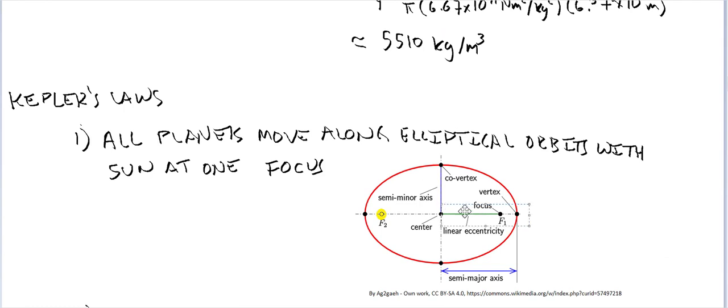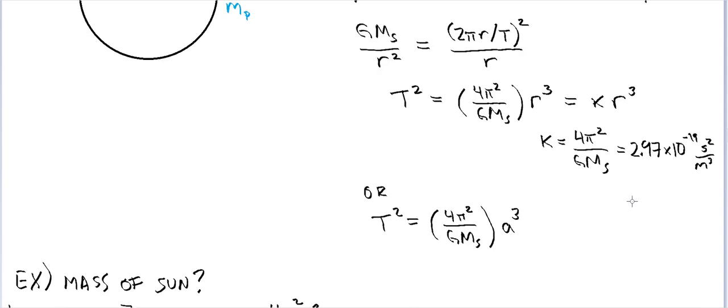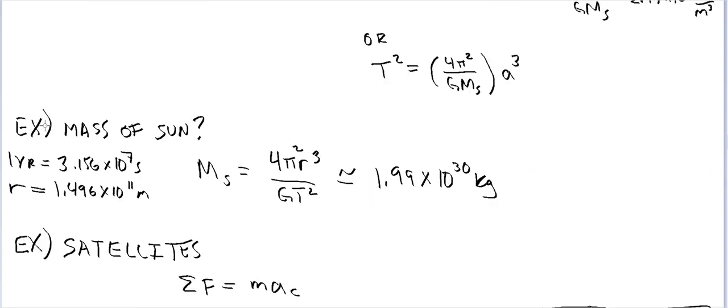The semi-major axis A is just the distance from the midpoint to the long edge of the ellipse. You can replace r directly with the semi-major axis A. So that's Kepler's third law. So if we wanted to know the mass of the Sun, we can actually figure this out.